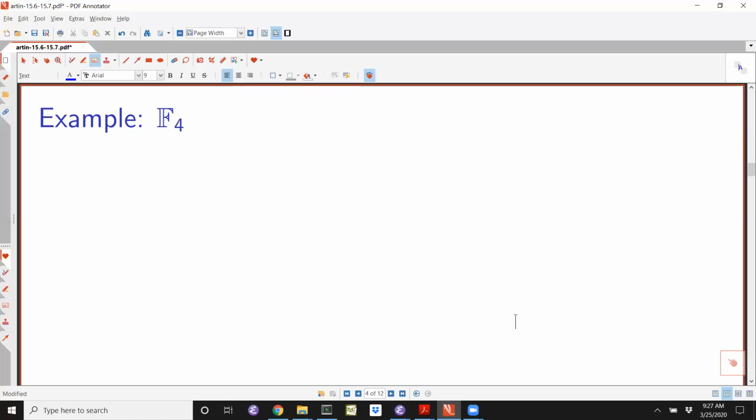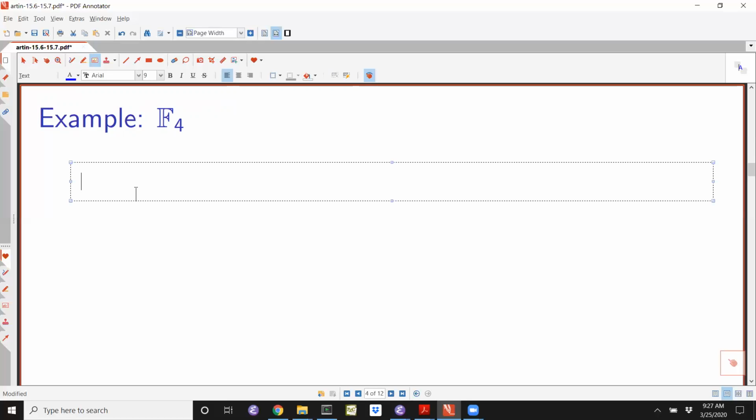I think this is an example mentioned in the book, and it's a good one. What I want to do is construct one example of a finite field that's not Z mod P. I think I've done this before, maybe constructing F8, but it's worth doing again.